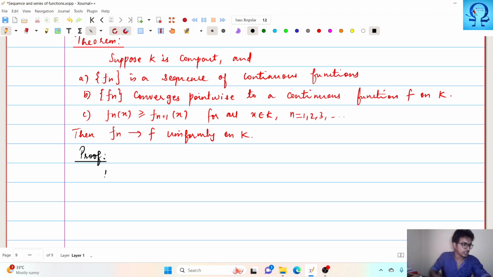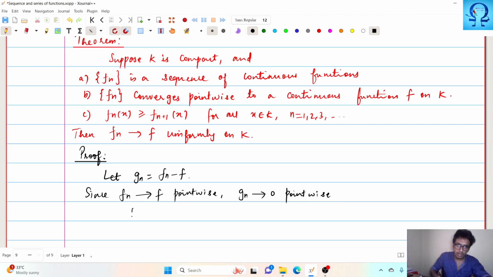So in order to prove this theorem, let us take Gn. We define another sequence Gn with the help of fn and f, so Gn equals fn minus f. Since fn converges to f pointwise, Gn converges to 0 pointwise. And fn of x is greater than or equal to fn plus 1 of x.